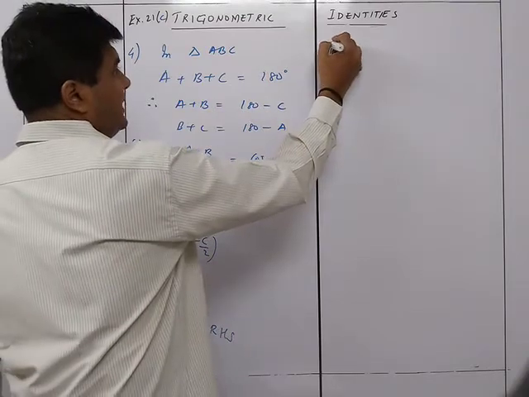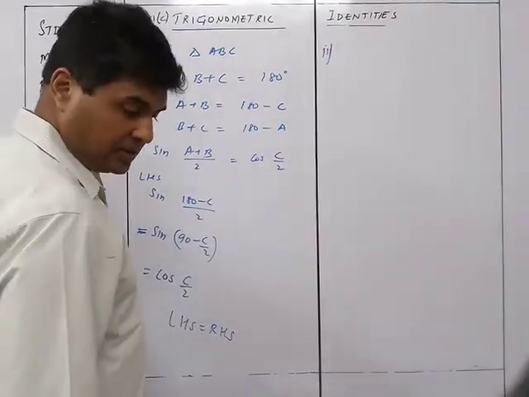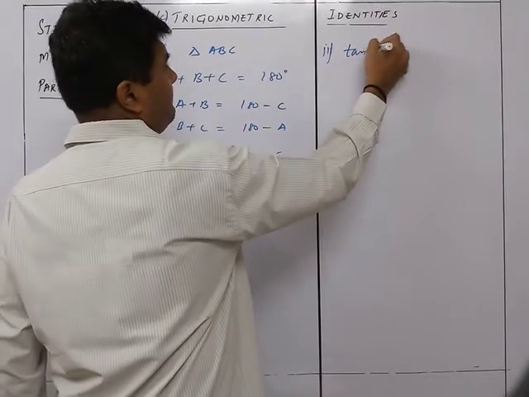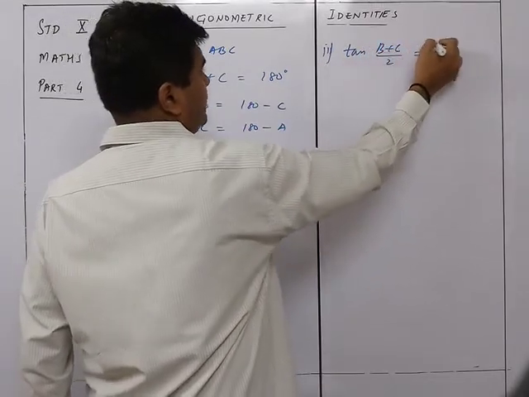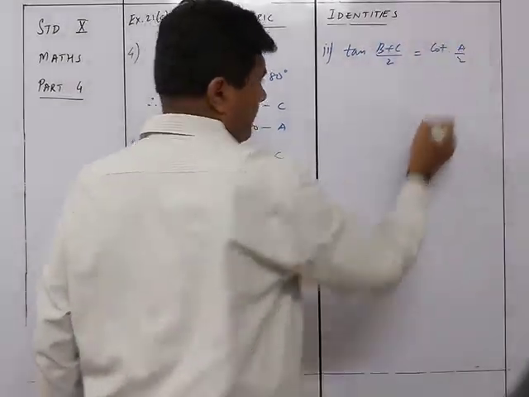In the second part, the same way, what we have is tan of B plus C upon 2 is equal to cot A upon 2.